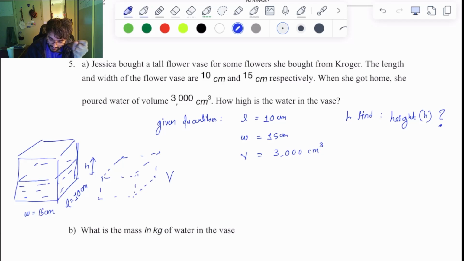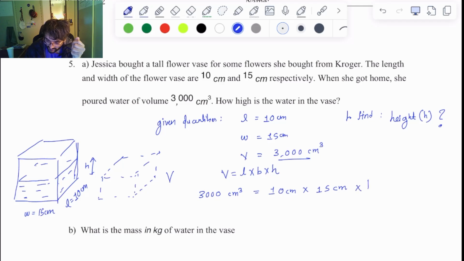So the formula that we know is volume is equal to length times breadth times height. The volume is given to us, that is 3000 centimeter cube. Length is given to be 10 centimeters. Width is given to be 15 centimeters.